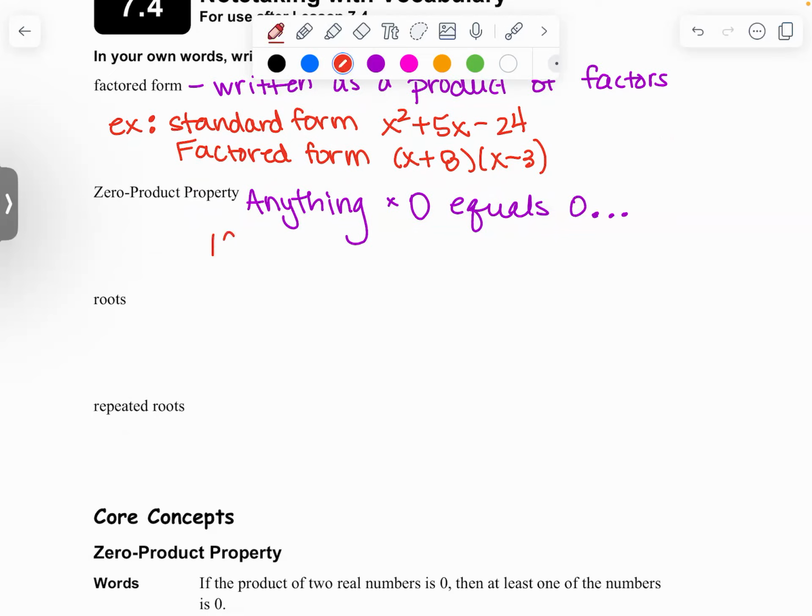So if we have A times B equals 0, then one of them is 0. It could be A, or it could be B, or they could both be 0.